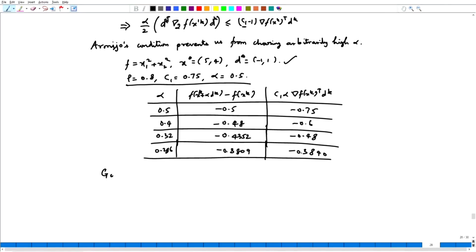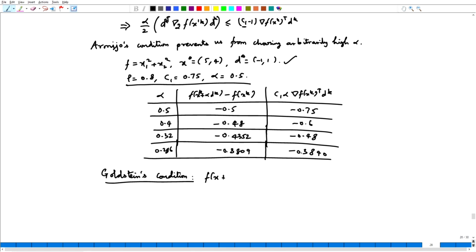One is called the Goldstein's condition. So, Goldstein condition gives a very similar flavor.